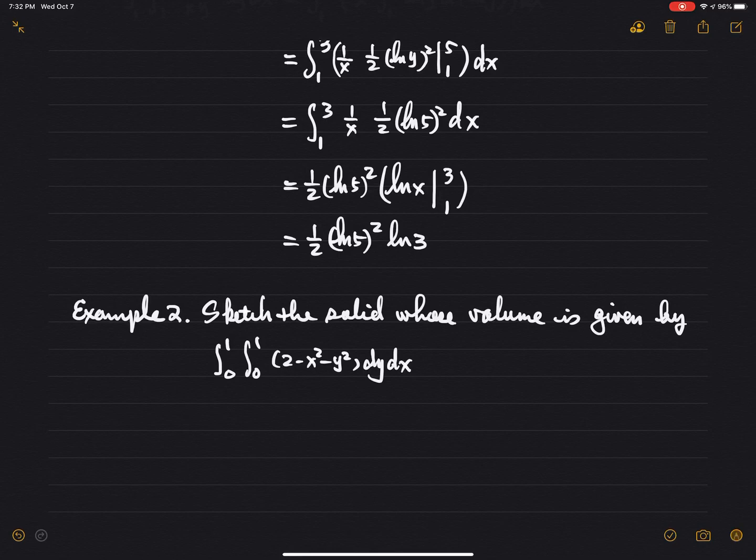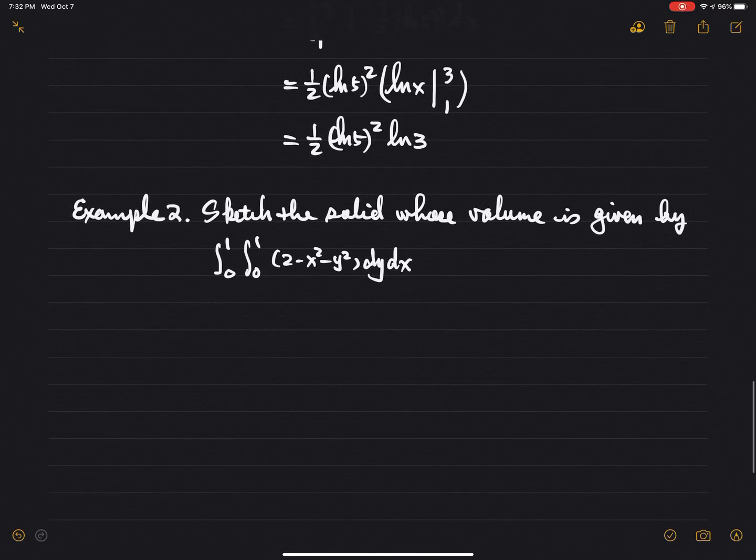Okay, now here when we solve this, first of all, let's look at the region, the planar region.